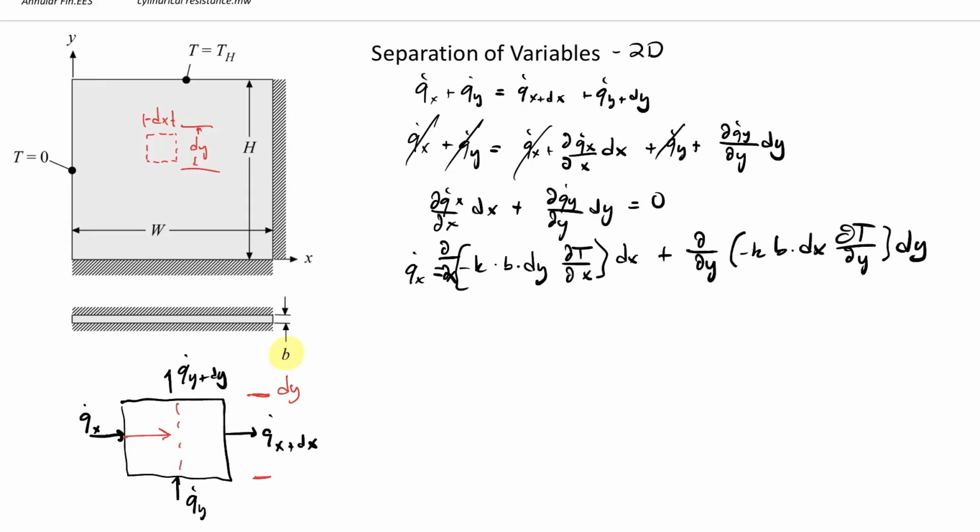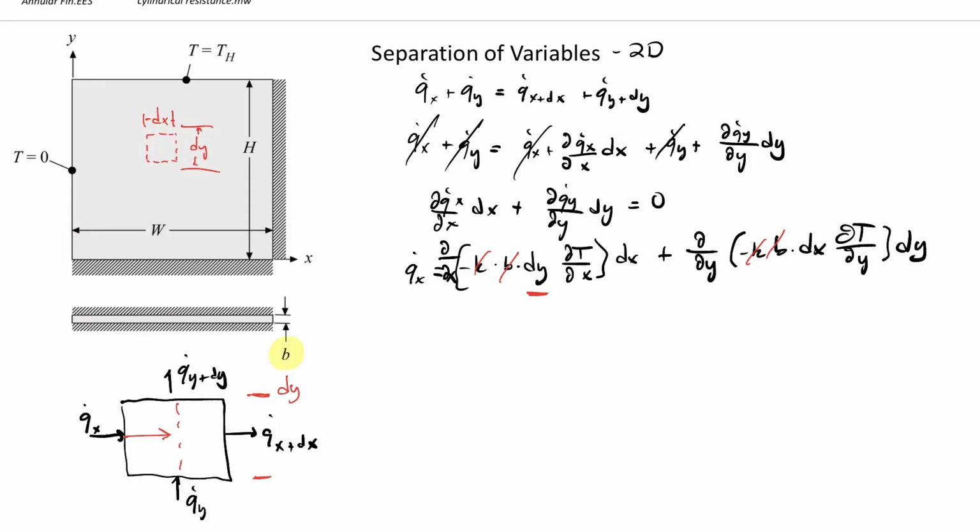So now we can take everything that's constant and cancel it out. We have minus k, b, canceling from both sides. Right, dy with respect to the x direction is a constant. That differential width in y doesn't change as a function of x.